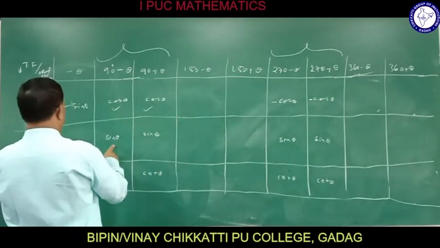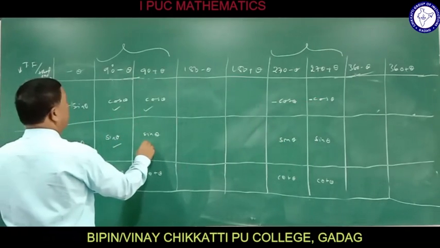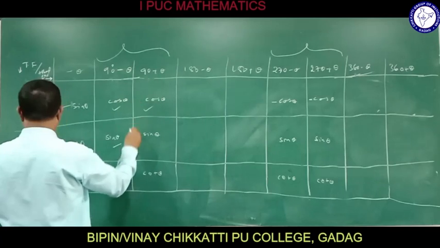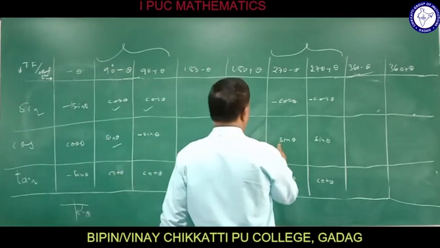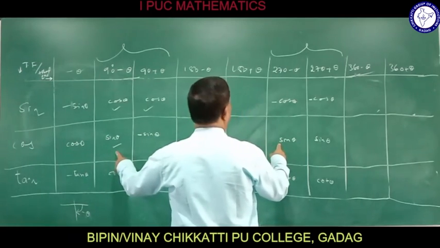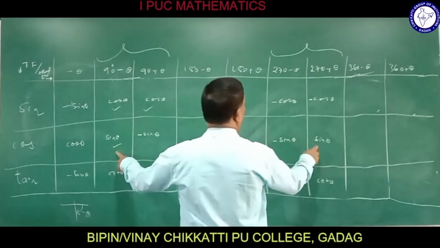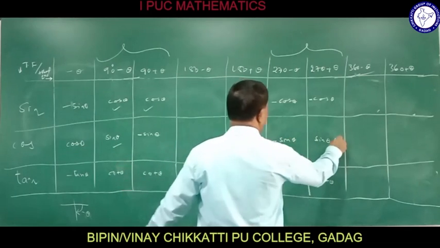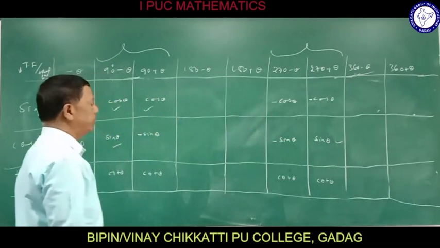And you see cos of 90 minus theta: first quadrant, positive. And cos of 90 plus theta: second quadrant, cos is negative. Whereas 270 minus theta is the third quadrant, cos is negative, and 270 plus theta is positive because it is the fourth quadrant.